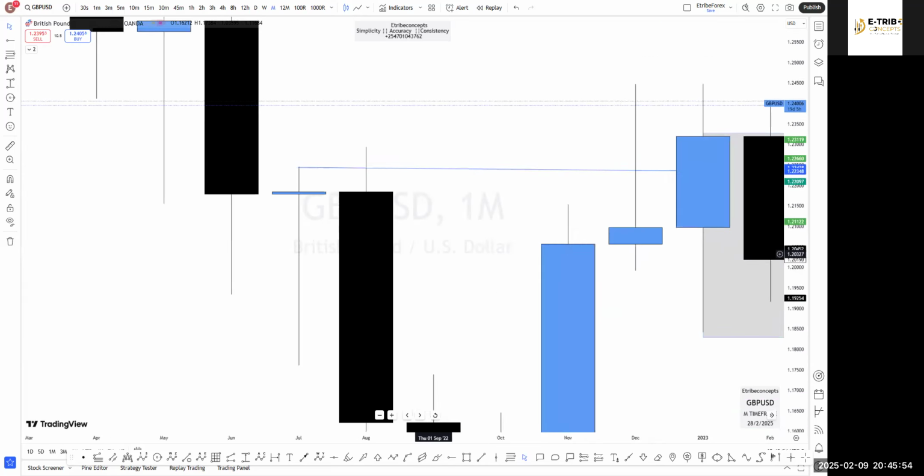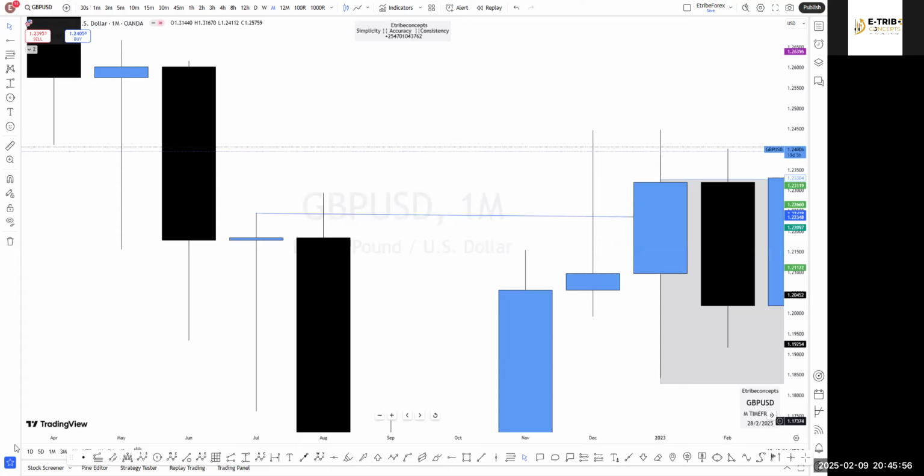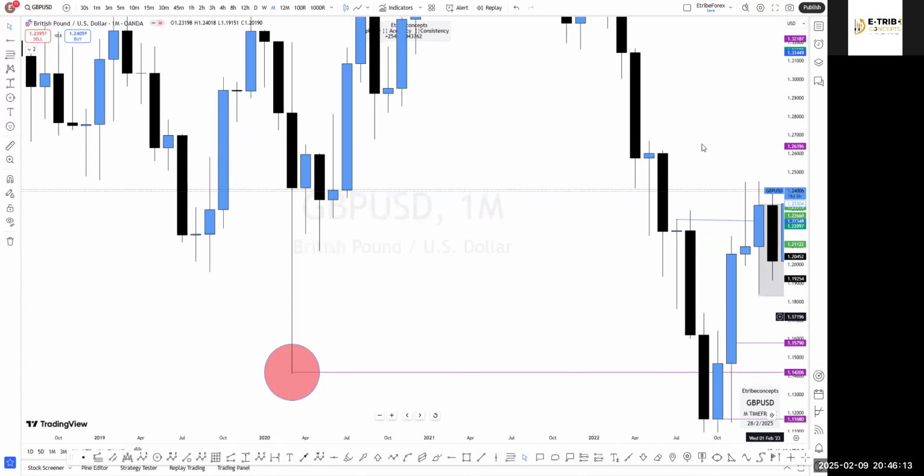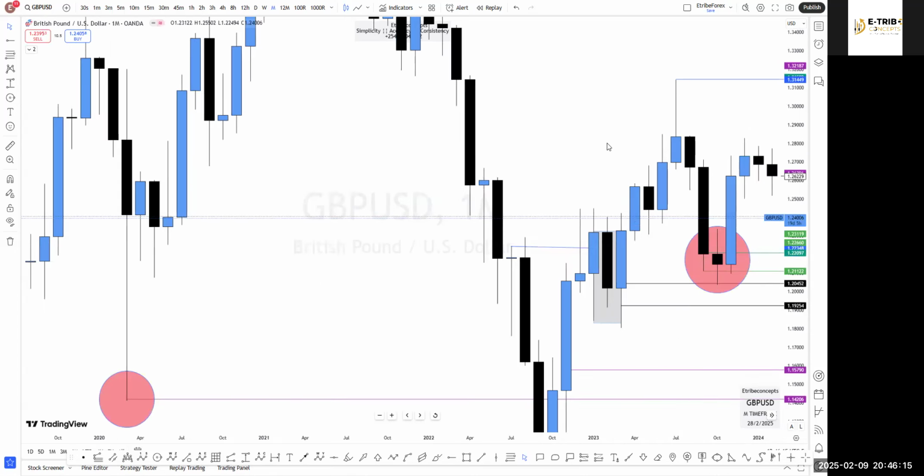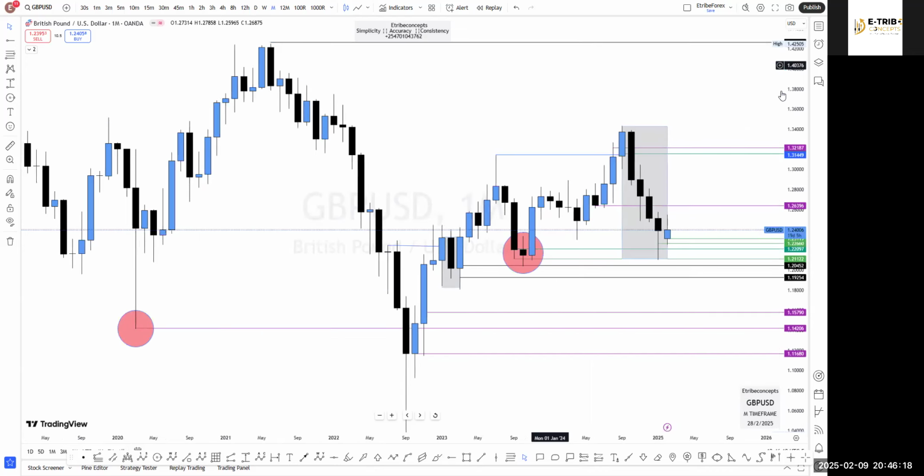We can clearly see that we have this area of liquidity that price came and took with this candlestick on the monthly chart. When that happened, it is now facilitating the monthly liquidation process before we continue with the main trend. Whatever is happening is a pullback from the monthly time frame.